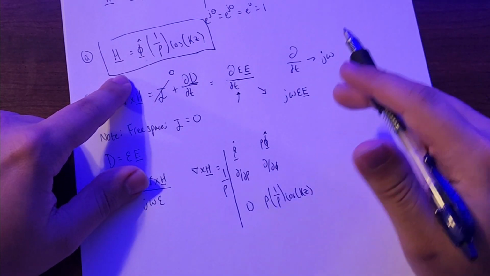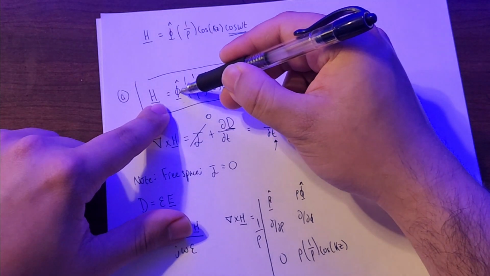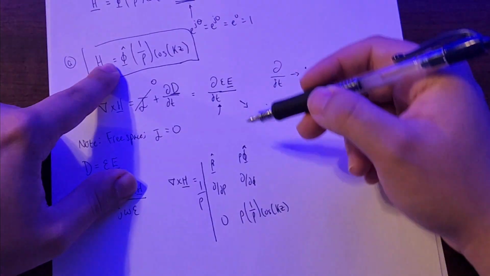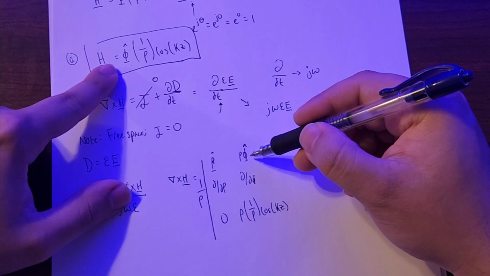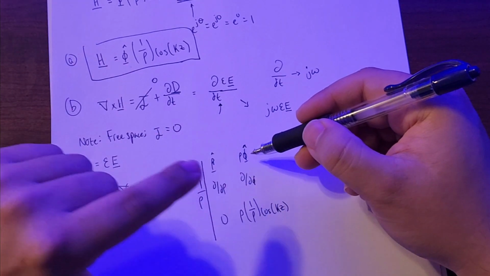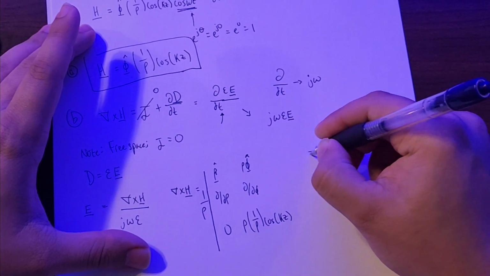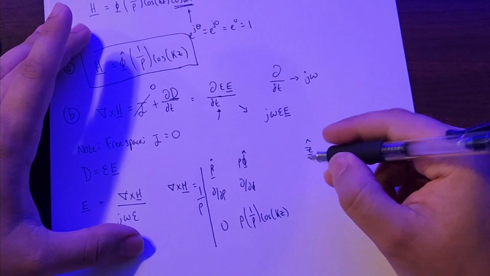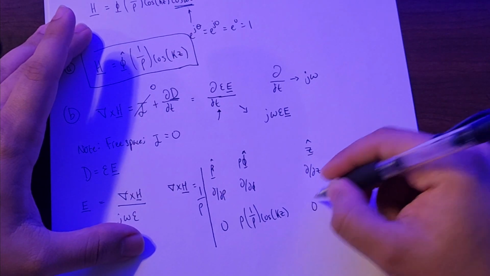It's in the notes here that you have to multiply by rho, but it's mostly because we only have a phi hat right here. We want it in the form of rho times phi hat. So what we do is we multiply this by rho, and we can say this is just rho. Easy enough. Now we do the z hat component. This is the partial with respect to z, and there is no z component.